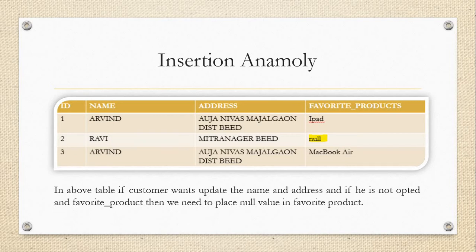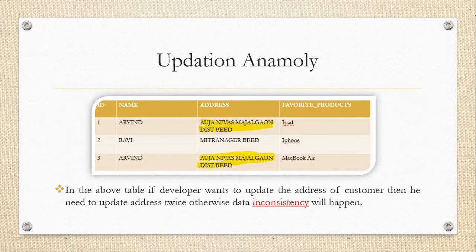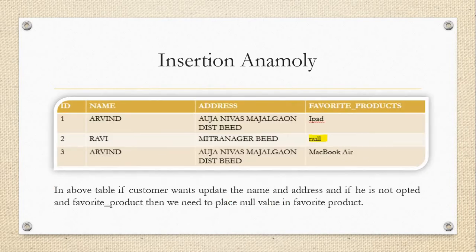When we try to create the program or database without the normalization concept, we get different kinds of problems. Among those we just discussed the updation anomaly. Now we'll discuss the insertion anomaly.